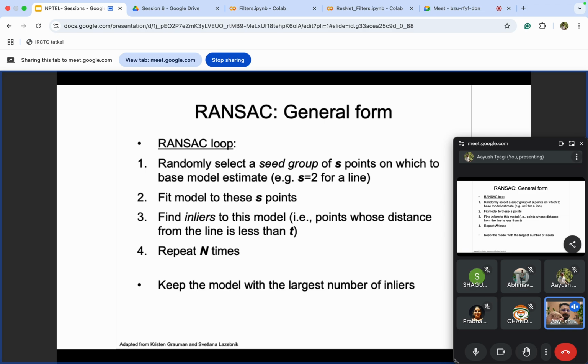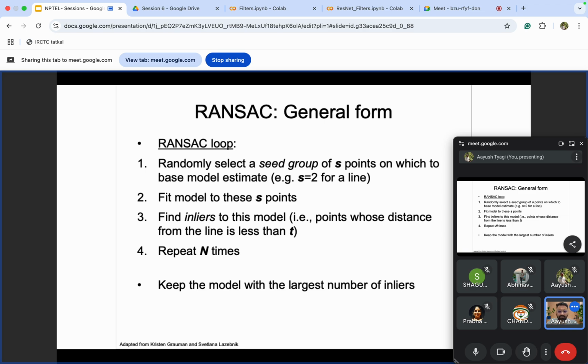Suppose there are 10 inliers and 20 outliers. Outliers are the points which are far from the line, and you repeat this process multiple times and eventually find a line which has the maximum number of inliers, right?